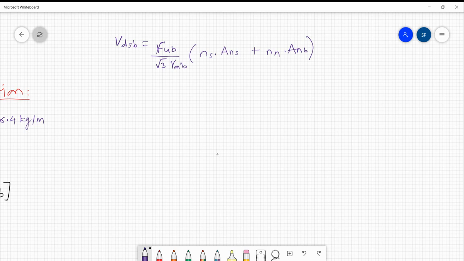So FUB is already known to us. Gamma MB we will get from table number 5 of IS 800 2007. This value is 1.25.